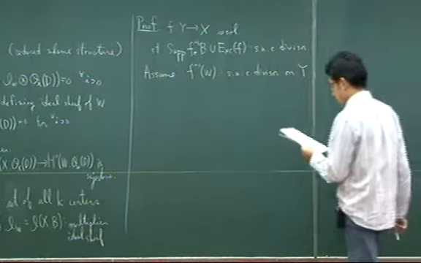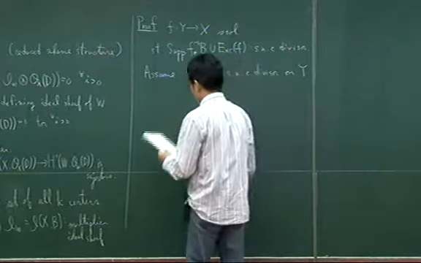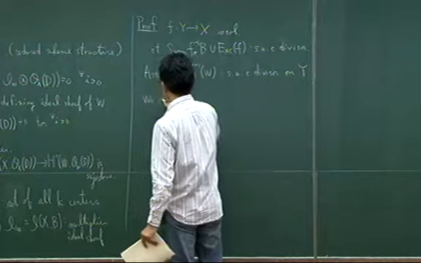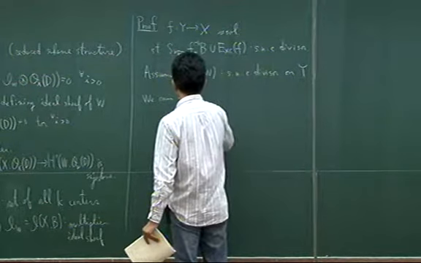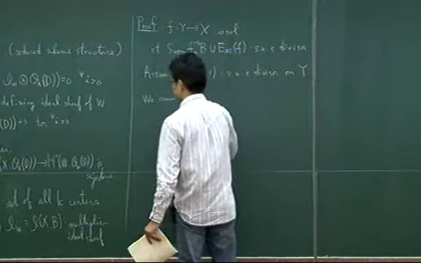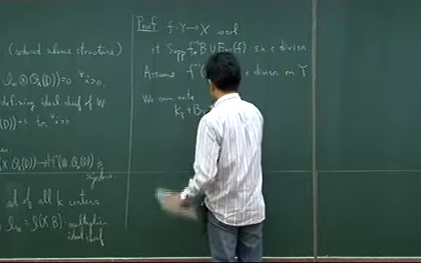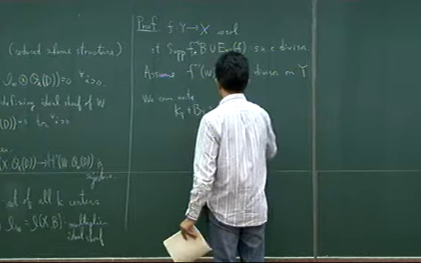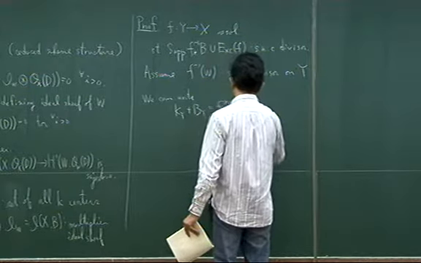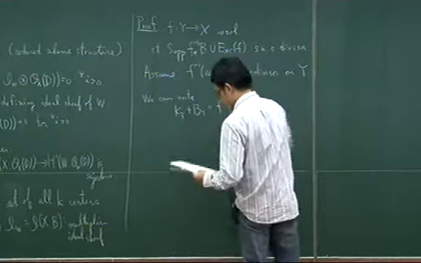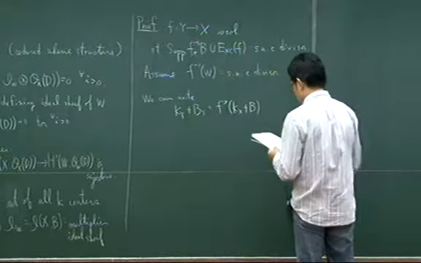And we can write K_Y plus B_Y equal f pullback of (K_X plus B). More precisely, B_Y is defined by this equality.